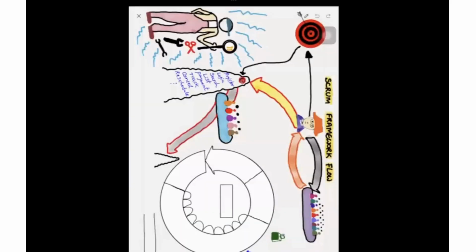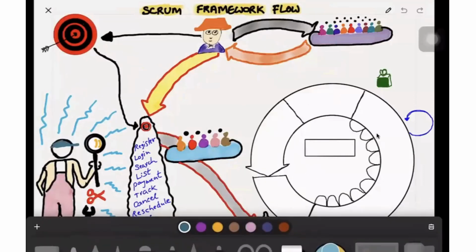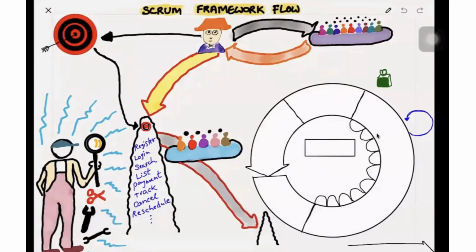Whenever you want to build a product, first you should know for whom the product is being built. We call them stakeholders. Usually stakeholders include the customers and users.